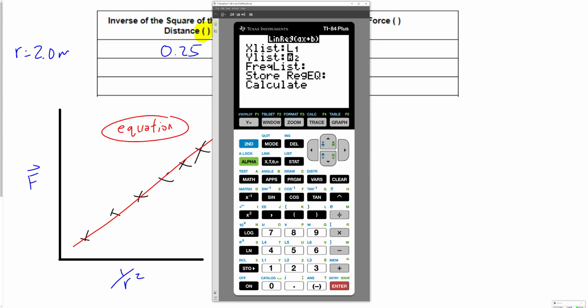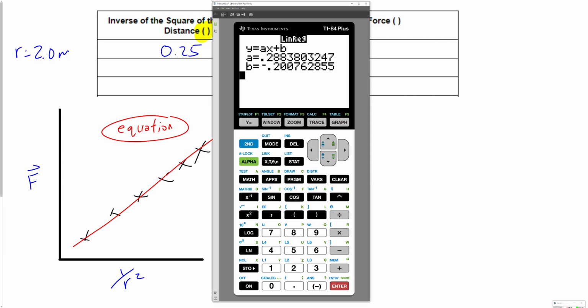Look at this. It says y is equal to ax plus b. A is 0.288, so my slope would be 0.288, and my y-intercept would be negative 0.2. That make sense? Yep.